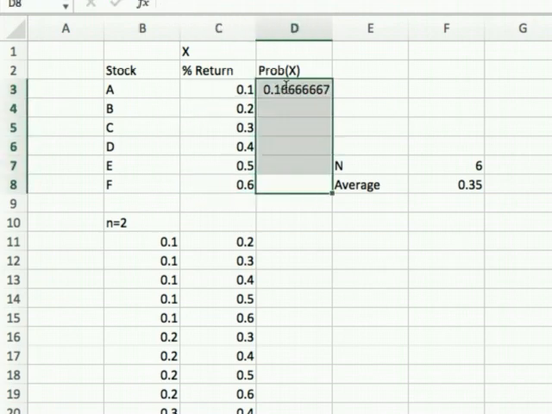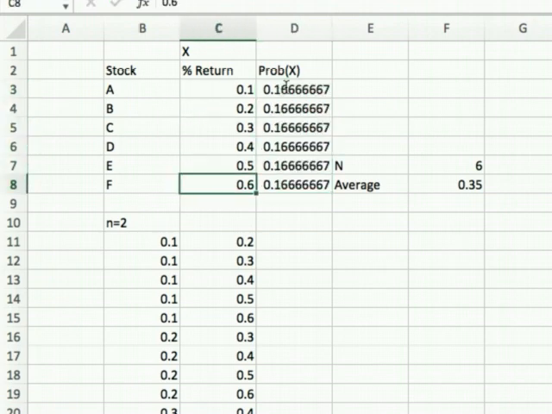So it's constant across all the 6 values of x, and this is your probability distribution of x. Now it's different again from a sampling distribution of the sample mean because we are not getting probabilities of each value of x, but the probabilities of each value of x bar.